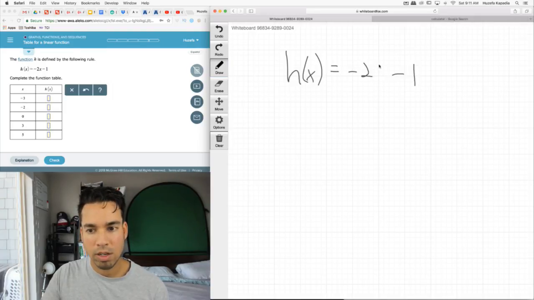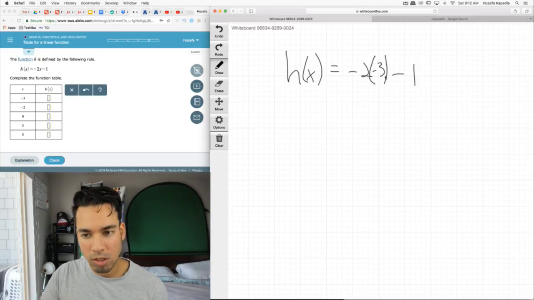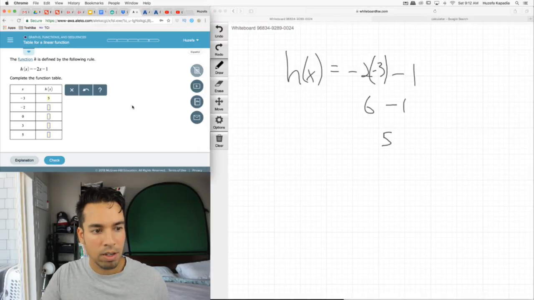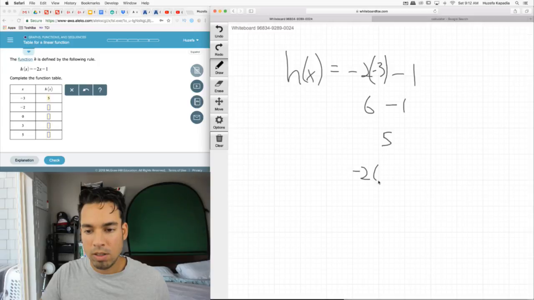So I'm going to kind of erase that and plug in my negative 3. Now remember, these are not subtracting. These are next to each other, meaning they're multiplying each other. So for negative 3, it's negative 2 times negative 3, which is 6, minus 1, which is 5. Okay. When we plug in negative 2 times negative 2 minus 1, which is 4 minus 1, which is 3.